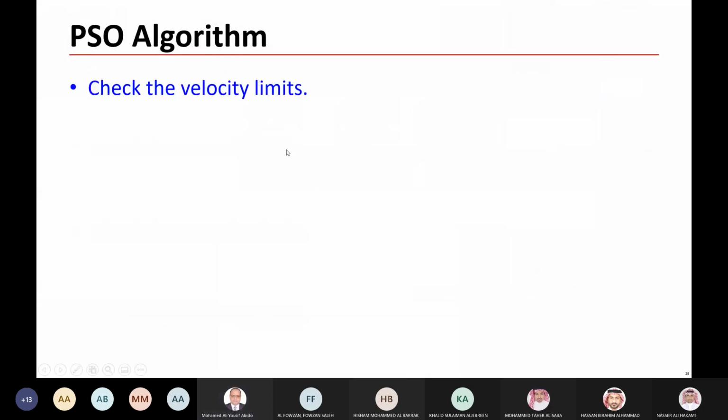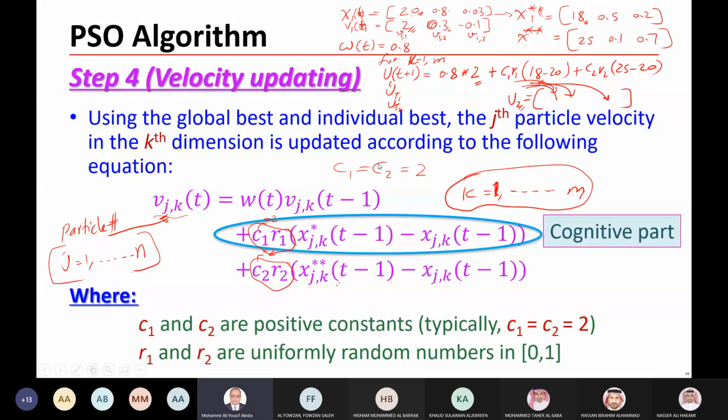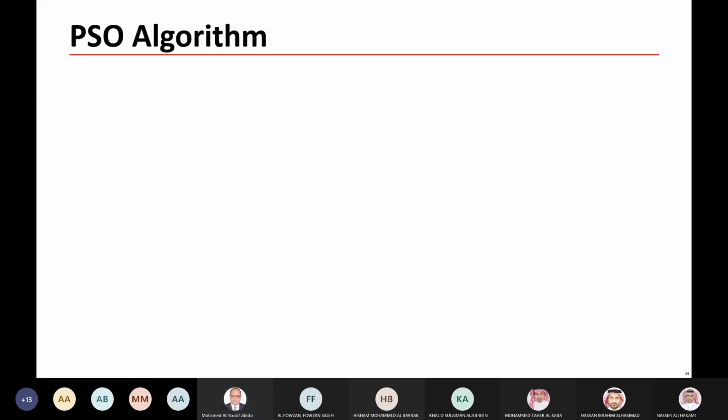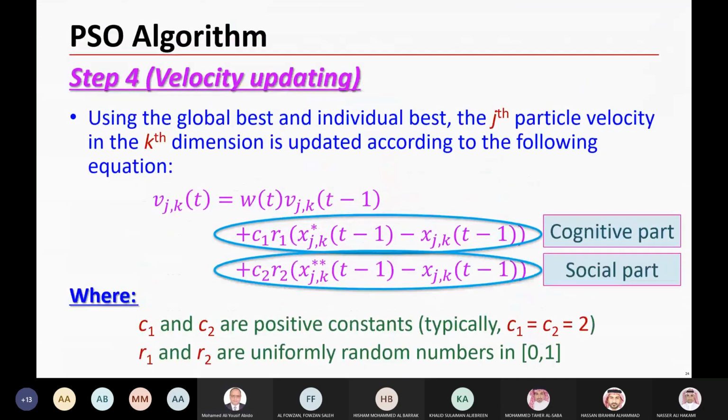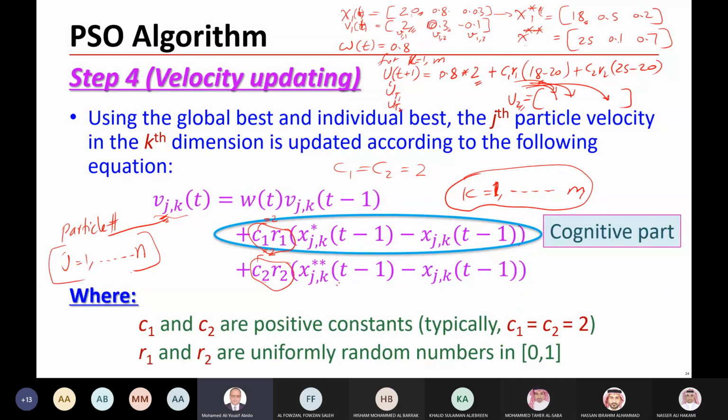Here, of course, we have to check the velocity limit. Sometimes when you calculate these values, 0.8 multiplied by 2 is 1.6, and this is 2 times 1, for example, with minus 2, you have minus 4 over here. Then you can find out this is, for example, greater than V max or lower than V minimum, minus V max.